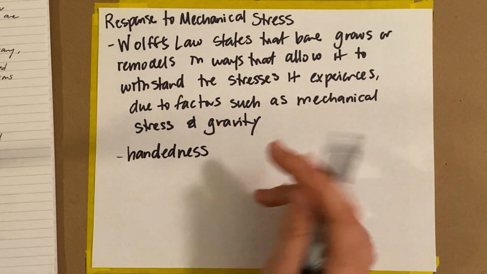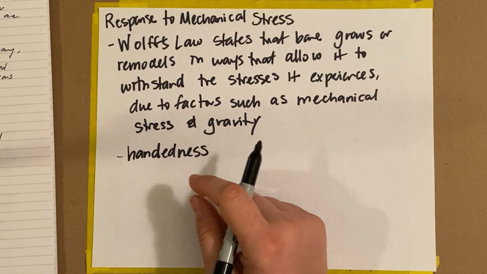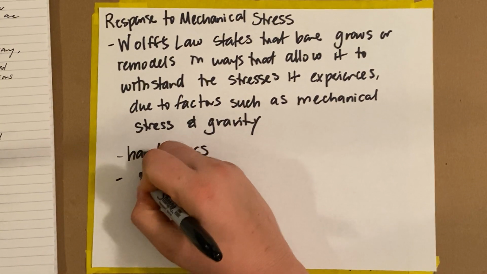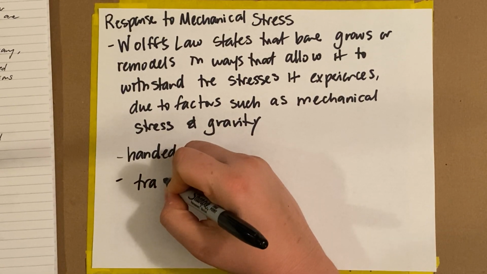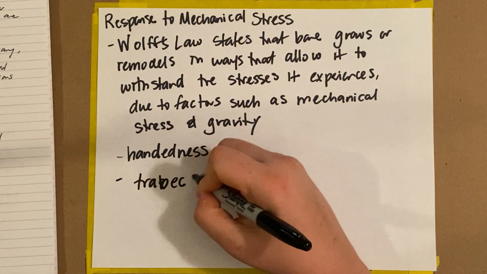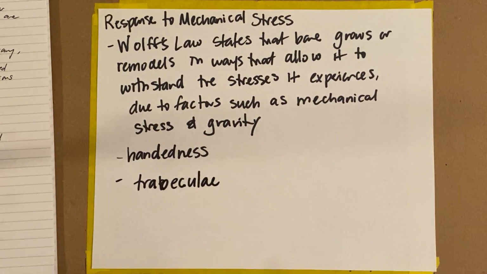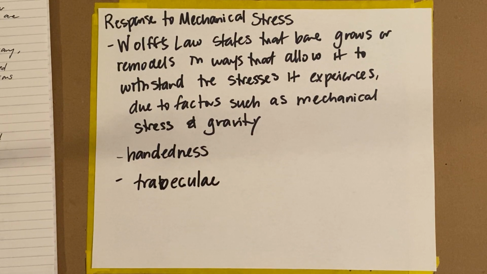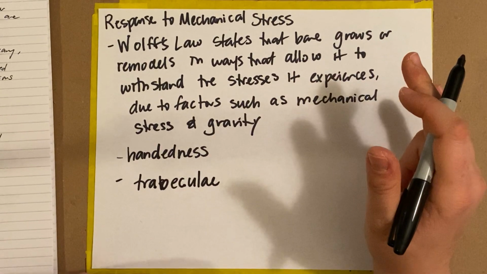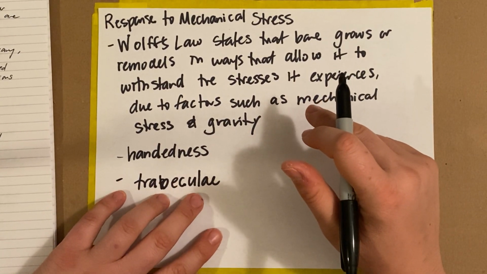Okay, when you have curved bones, the curved bones are going to be thickest where they're likely to buckle. Okay, and then we've talked about this before, but the trabeculae look like very delicate structures, but they are built in a way to withstand high amounts of pressure, and they are going to have the trusses and struts along the lines of compression. So they're going to line up in the way that will make the bone strongest.